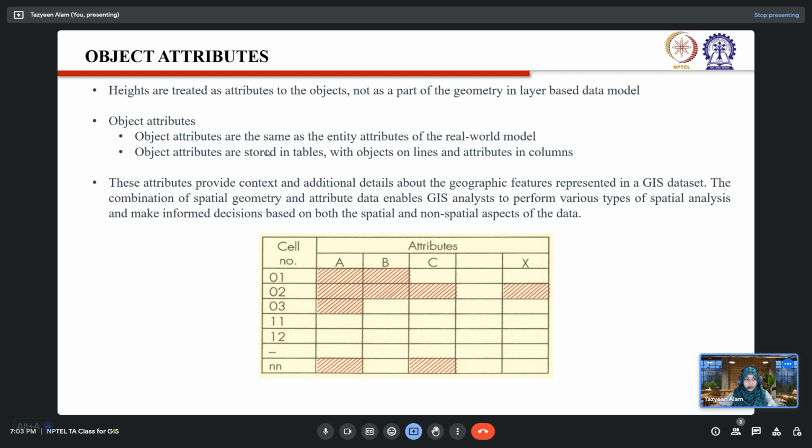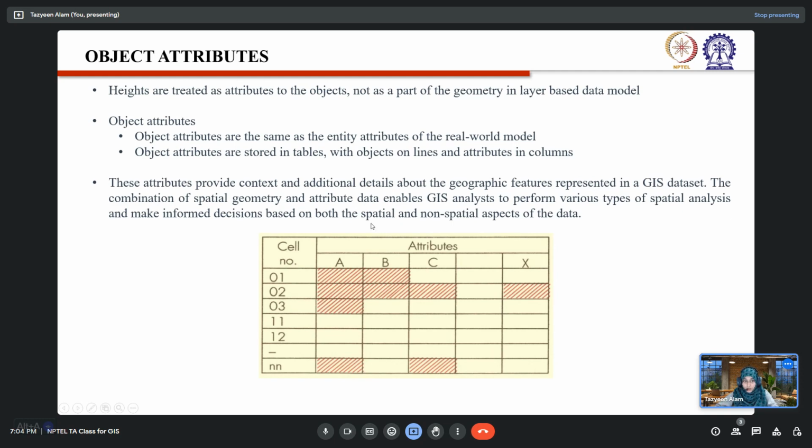Object attributes have two features. First, they are the same as the entity attributes of the real world model, and the second is that they are stored in tables with objects as rows and attributes in columns. These attributes provide context and additional details about the geographic features represented in a GIS dataset.